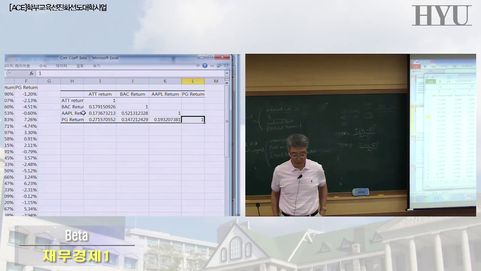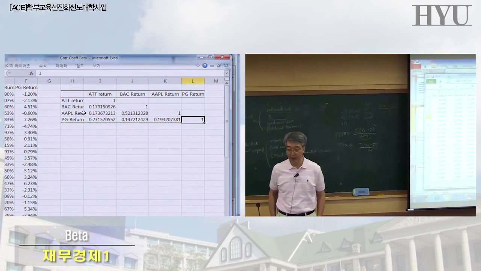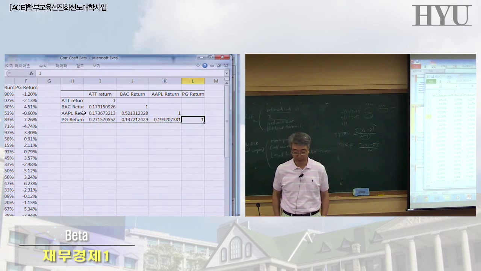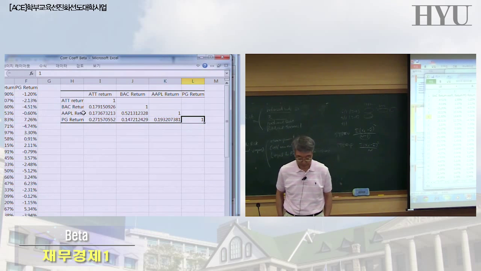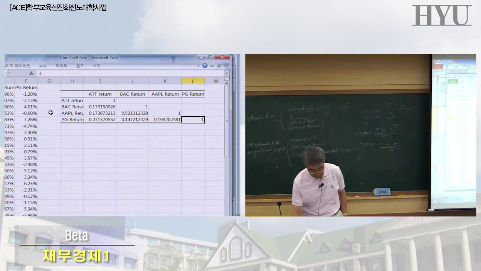Remember, correlation coefficient measures the strength of linear relationship. So in terms of linear relationship between AT&T and BAC, Bank of America, the strength is very weak. It's pretty close to 0 rather than 1. And the correlation between AT&T and Apple is also very weak. The correlation coefficient between AT&T and Procter & Gamble is relatively weak, about 0.27.